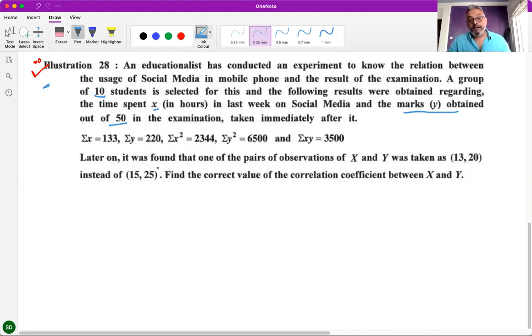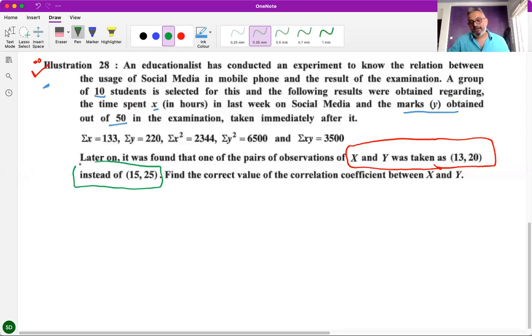Later on, it was found that one pair of observation of x and y was wrongly taken as 13 and 20 instead of 15 and 25. Find the correct value of correlation coefficient between x and y.